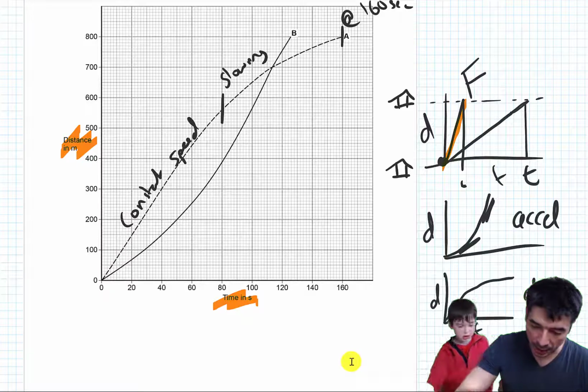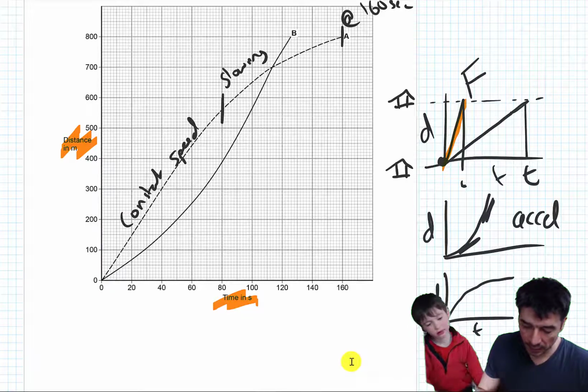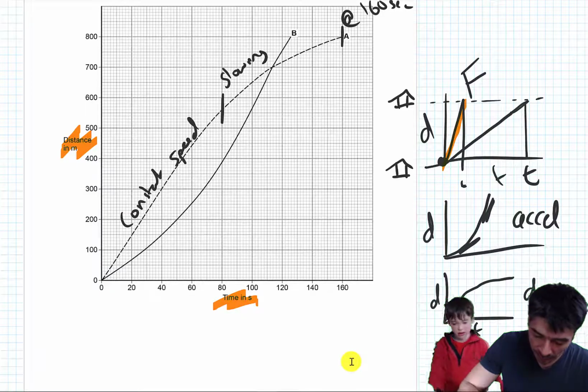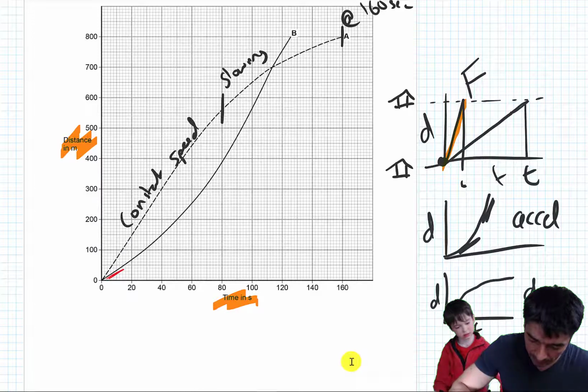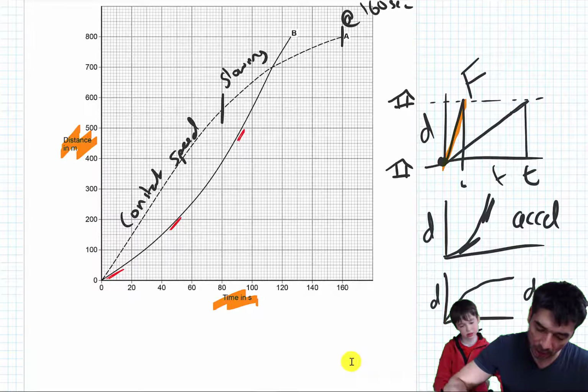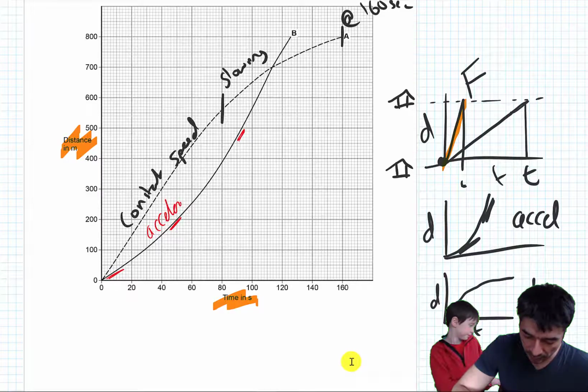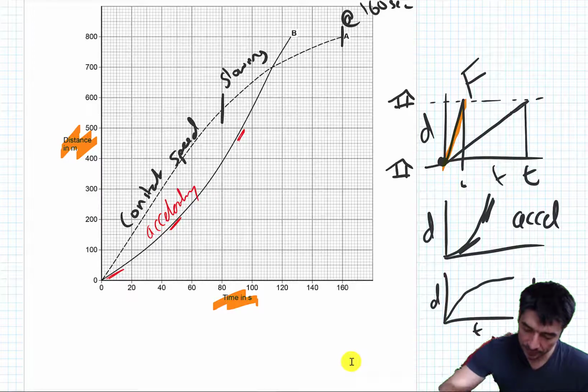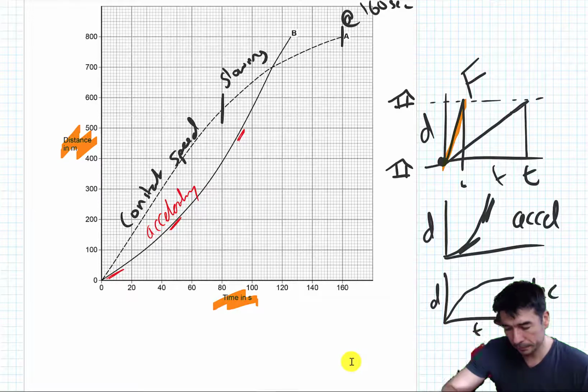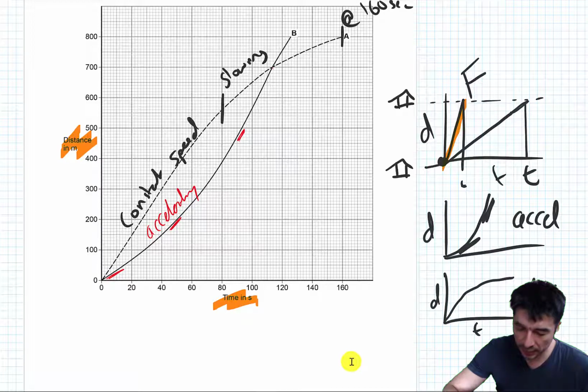What can we say about B? So for B, the gradient starts here and it gets steeper and steeper. So B is accelerating the whole time. B overtakes A, because B has now got in front.